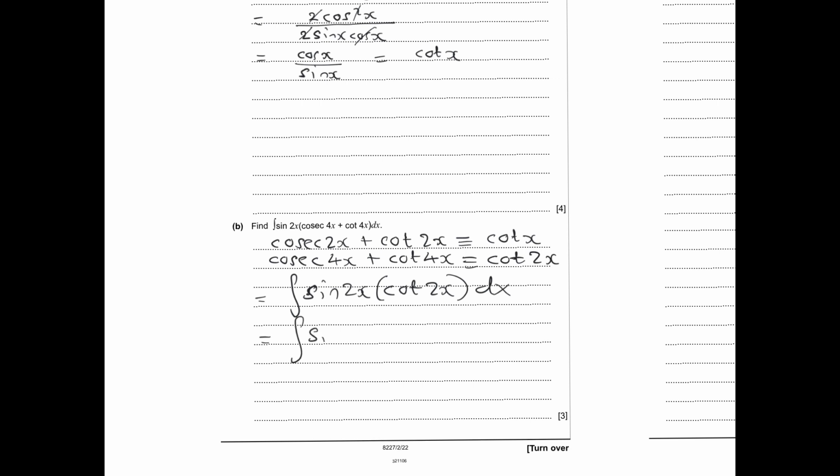We have sine 2x multiplied by cos 2x over sine 2x with respect to x. So this cancels out. Okay, sine 2x cancels out with that.